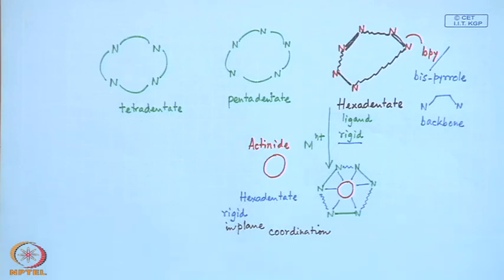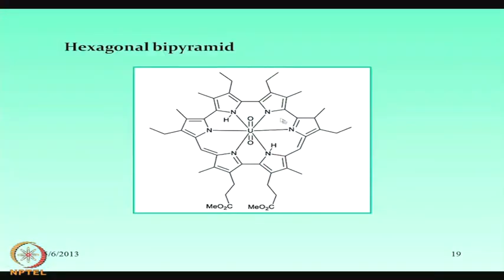Now, if we can get one group above this particular plane, this is our rigid hexadentate coordination through all these 6 nitrogen atoms of the bispyrrole unit, and if we have the uranyl oxo group above the plane and another below the plane, we get the corresponding hexagonal bipyramidal geometry, which is nicely achieved for a coordination number of 8.